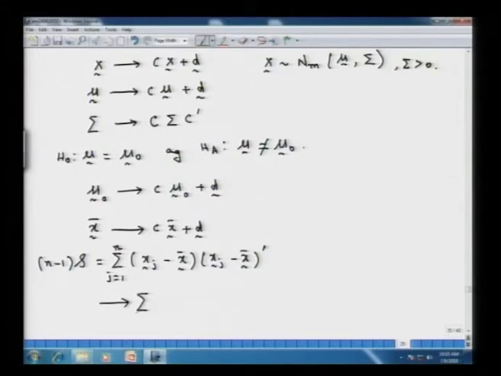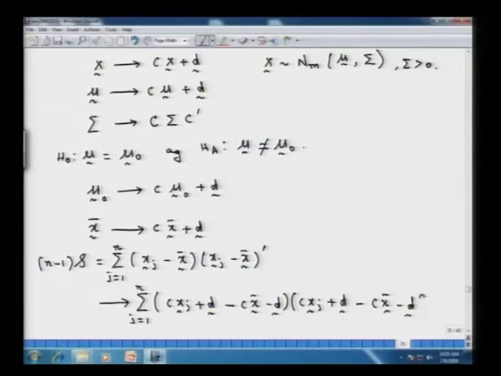When we are looking at the transformed observations, we will have x j replaced by C x j plus D. And x bar becomes C x bar plus D. So it is C x j plus D minus C x bar minus D, times the transpose of that. The D vector cancels out from both the quantities.